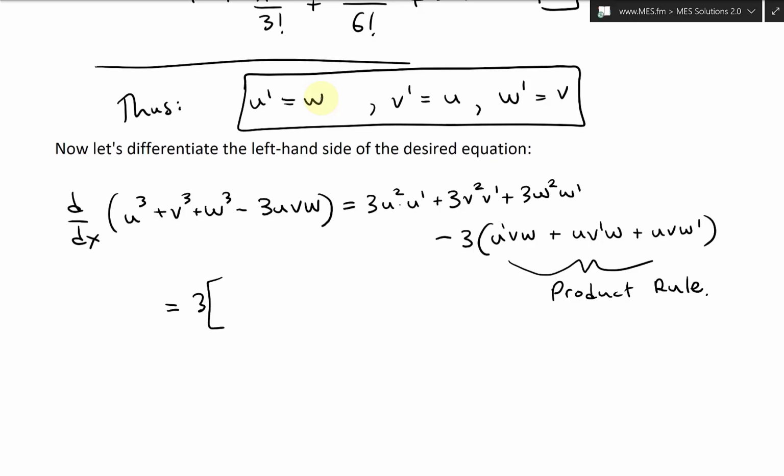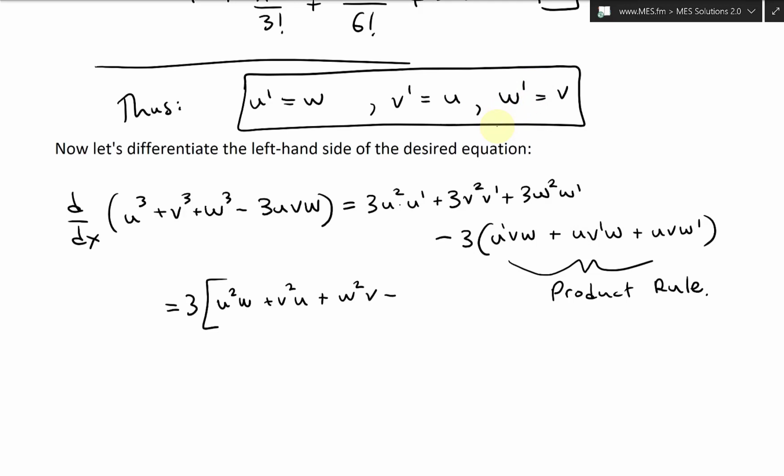So it's going to be 3, and then put a bracket like this. And yeah, we will get u squared w, so u prime is w. And the next one is plus v squared, and v prime is u, plus w squared, and w prime is equal to v. Like that. So that's what we have there.